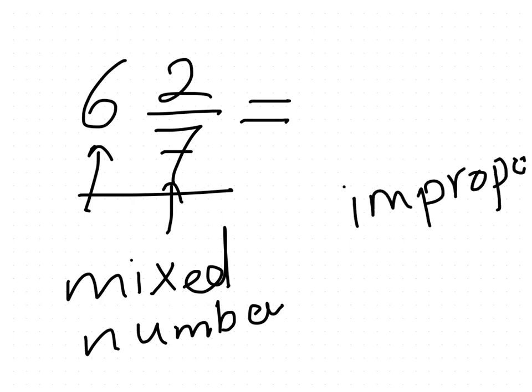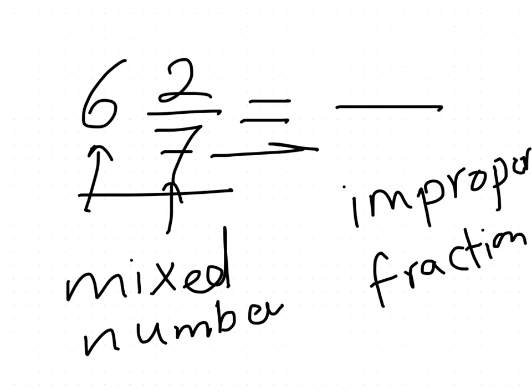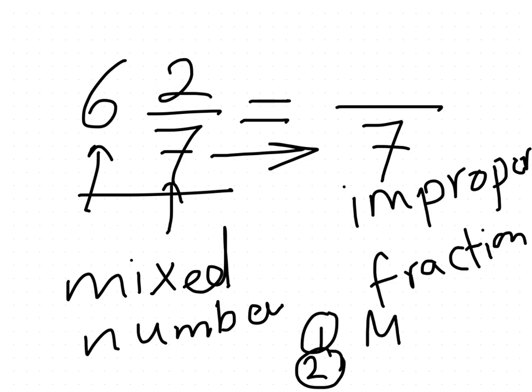How to do that? We have two steps to do. But before I do the two steps, I have to keep my denominator the same. What are your two steps? Multiply, add. Multiply what by what? Multiply the whole by the denominator. 6 by 7 is 42. Then add 2. 42 and 2 is 44.